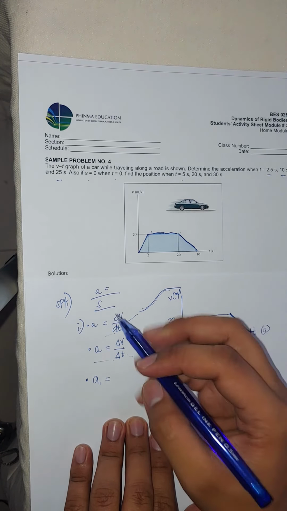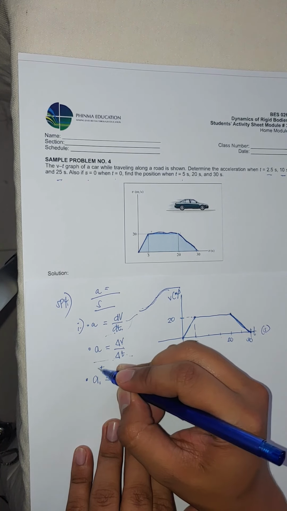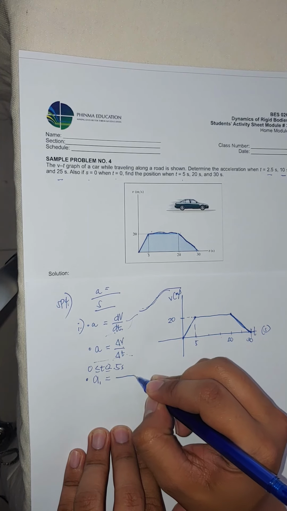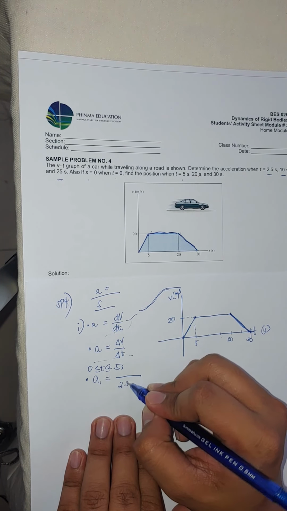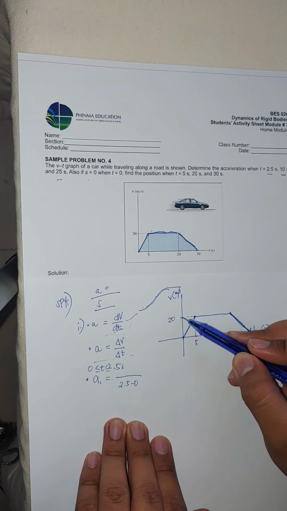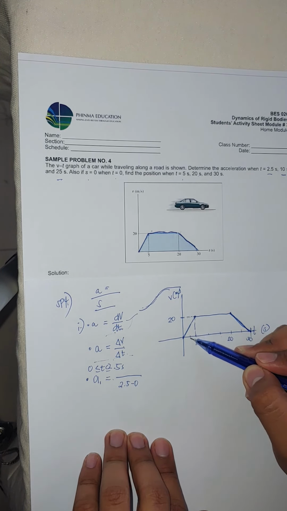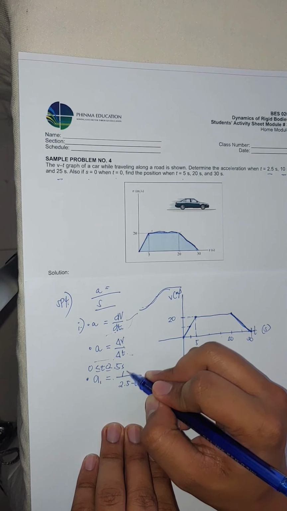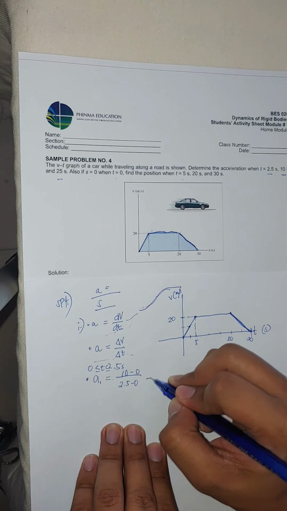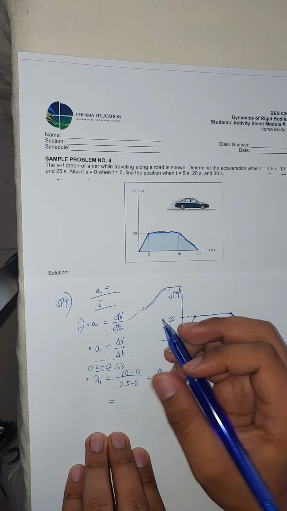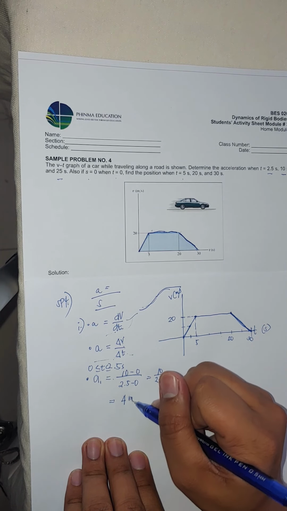The first interval is from 0 to 2.5 seconds, so 2.5 minus 0. What is the velocity? If at 5 seconds the velocity is 20, then at 2.5 seconds, since this is a linear relationship, the velocity is just 10. So 10 minus 0, over 2.5. Our acceleration at 2.5 seconds is just equal to 4 meters per second squared.